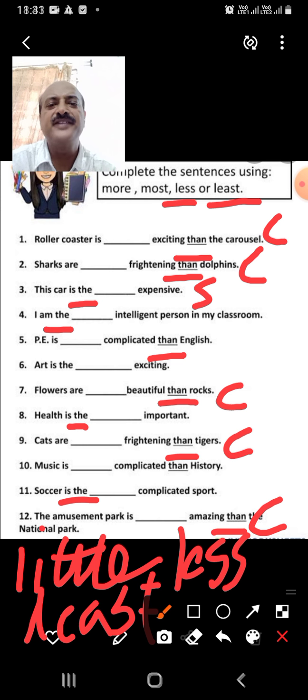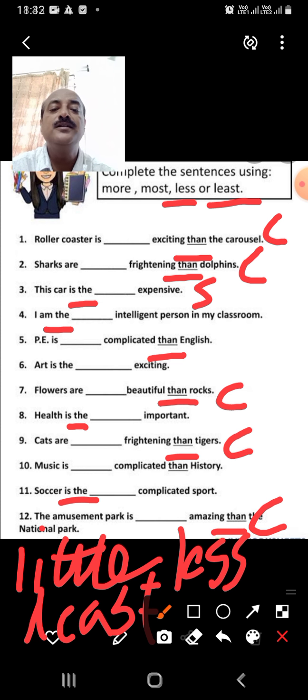So students, when than is there in a sentence we use comparative, and if the is there we use superlative. Than comes after the adjective and the comes before the adjective to give more meaning to the superlative degree. For example, health is the most important.